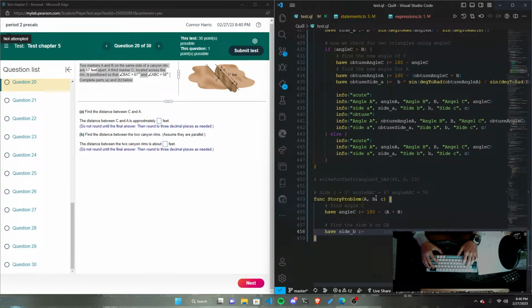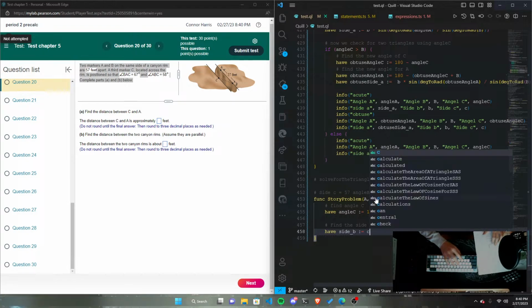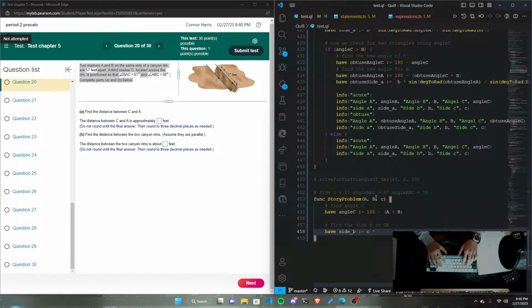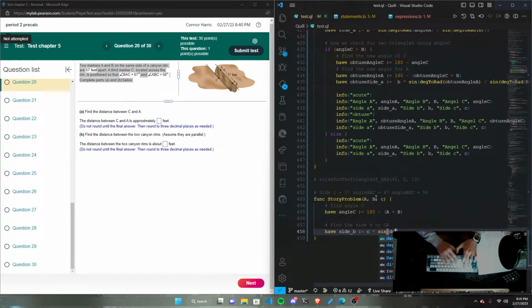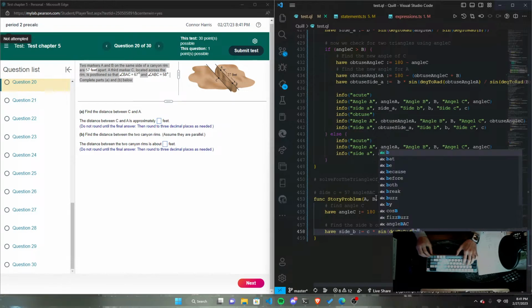Since we know angle C, we can do the sine of B. So we would have our C times the sine of degree to radians of B, B's are given, divided by our C, which would be 50 divided by our sine of C.